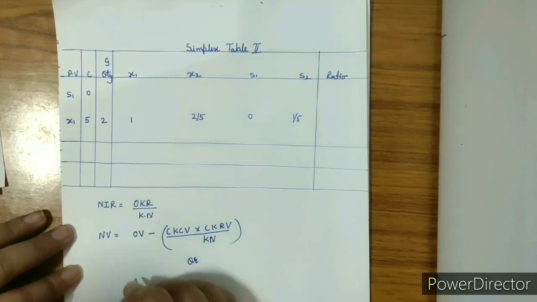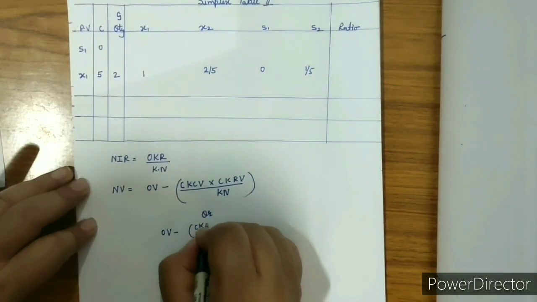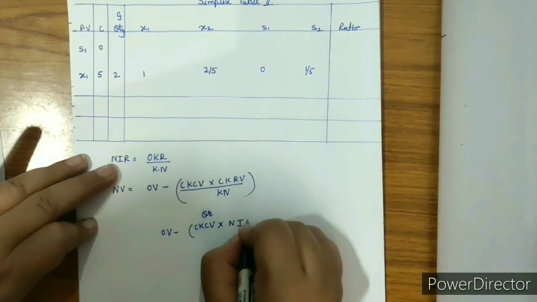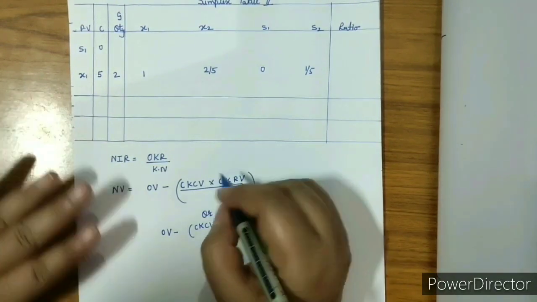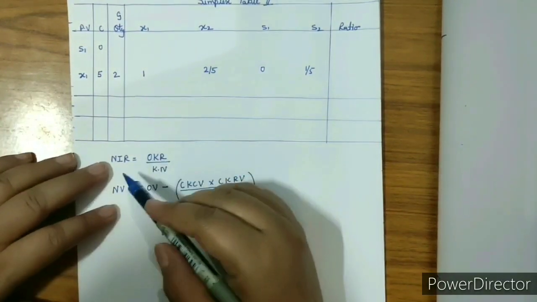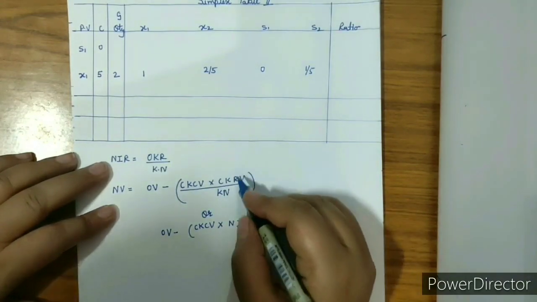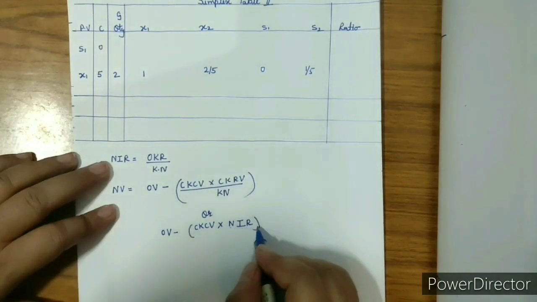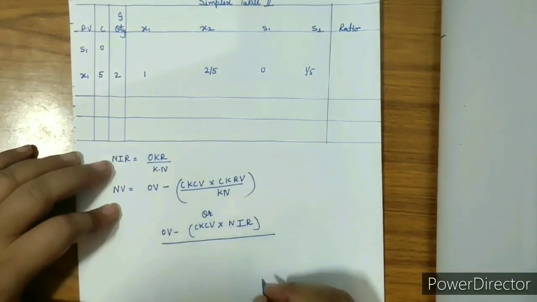Or we can say old variable minus corresponding key column variable into new incoming row, the old key row divided by the key number. So we get new key row variables. Here we use this formula.